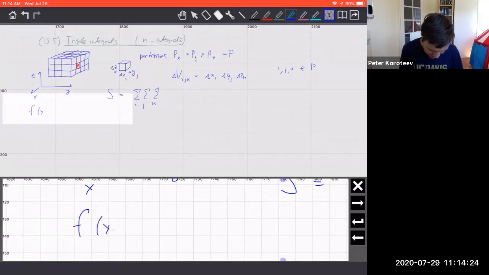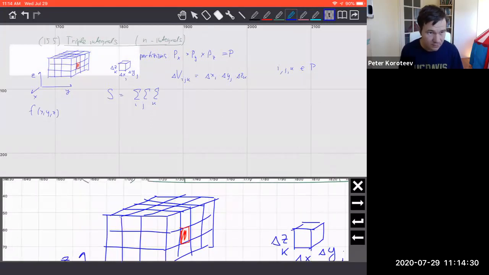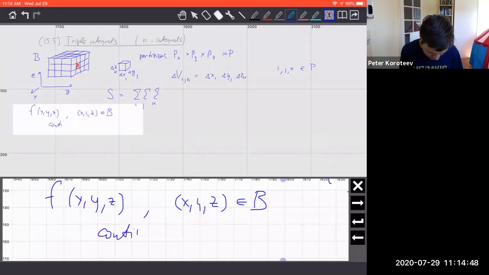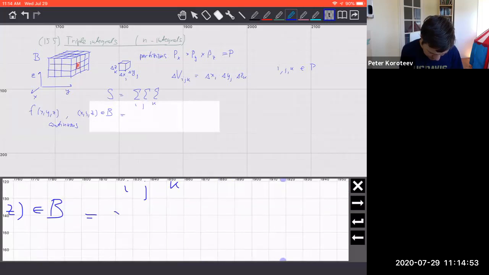It's f of x, y, z, where x, y, z belongs in B, the parallelepiped B. Just for concreteness, let's say B is the product of segments [a,b], [c,d], and [e,f].